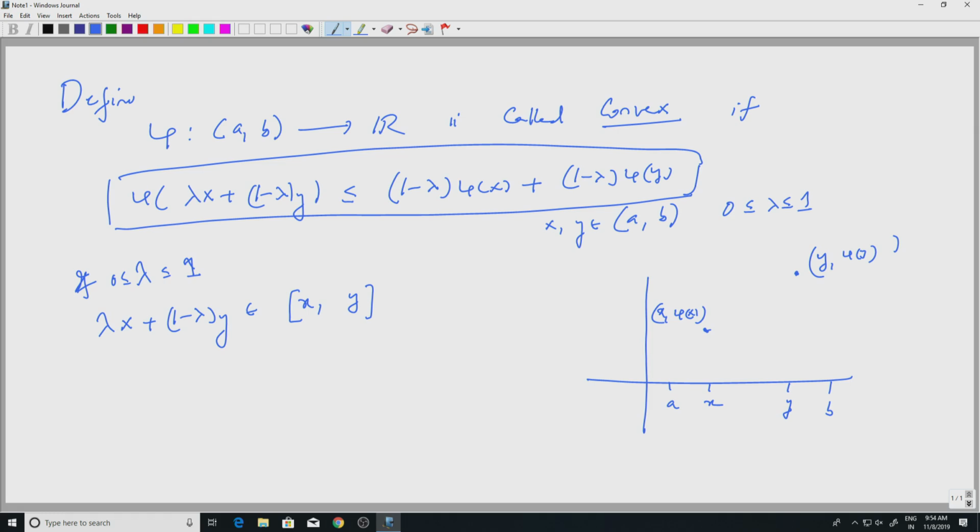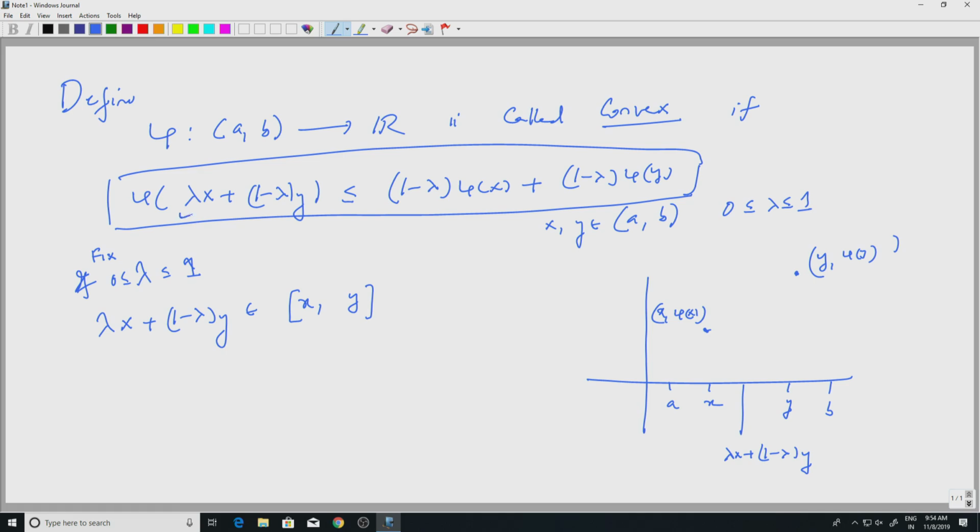If I fix a lambda between 0 and 1, a point in the middle would be lambda x plus 1 minus lambda y. It is an arbitrary point inside x y. So, that also has some image. Now, let us look at this inequality. What does it say?